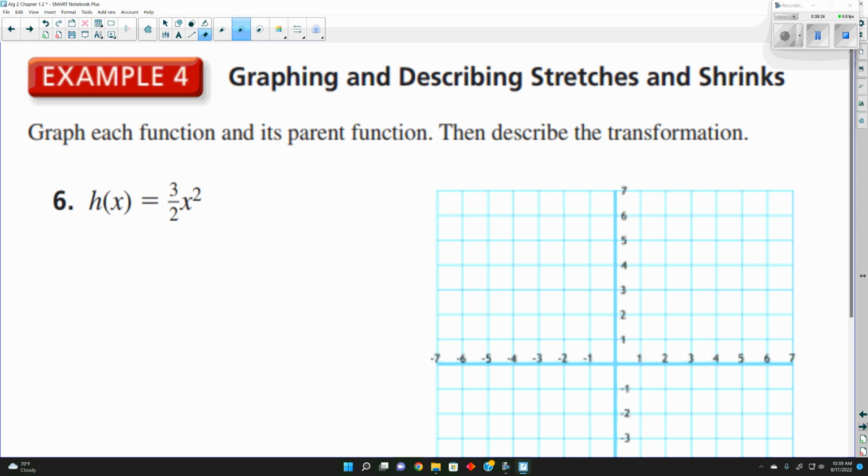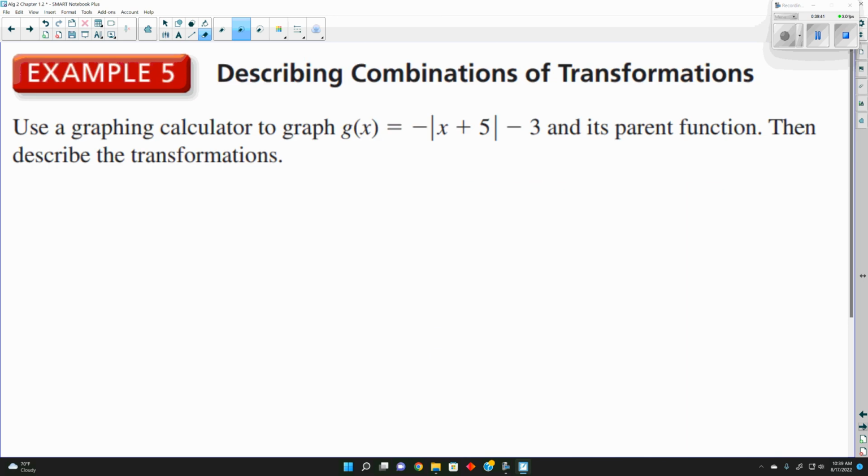Because what is it? 3/2, which is what? 1.5. So it's greater than 1. So it'd be a vertical stretch of 3/2, or 1.5. So just because it's a fraction doesn't mean it's automatically a shrink. And I think that was the last one on your note sheet, yes?